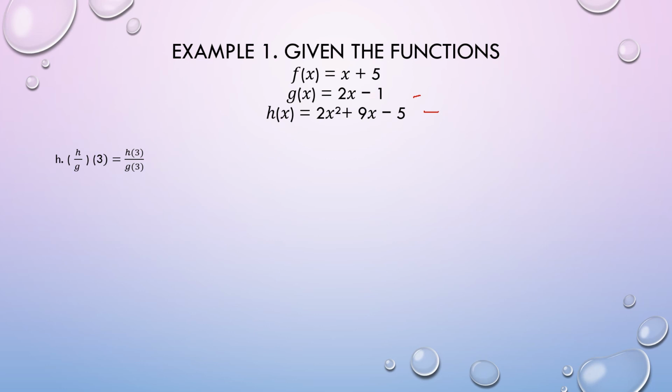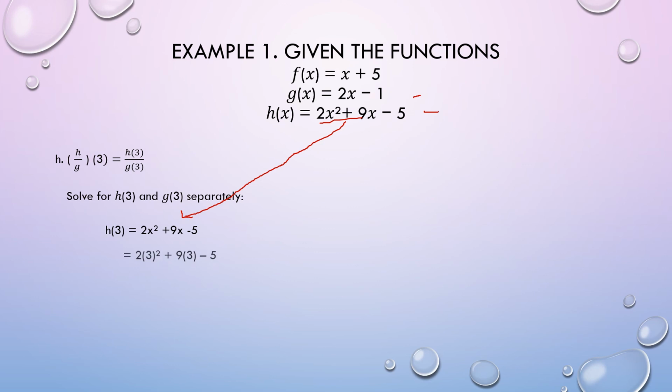We're going to use function h. Solve for h at 3 and g at 3 separately. So let's begin with h at 3. Our function h is 2x squared plus 9x minus 5. This is it.